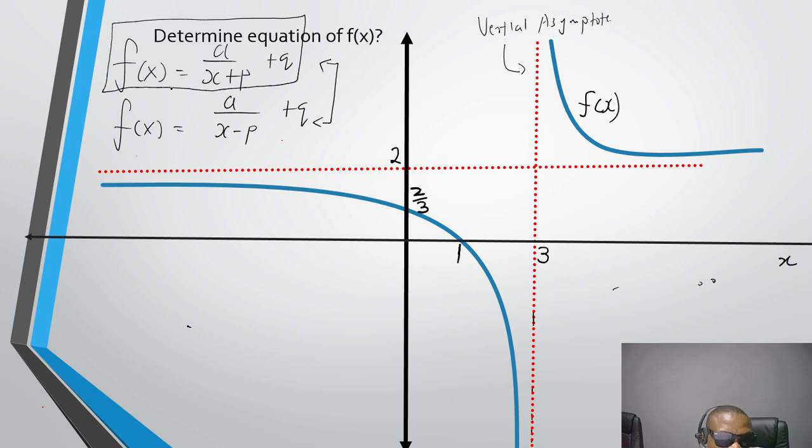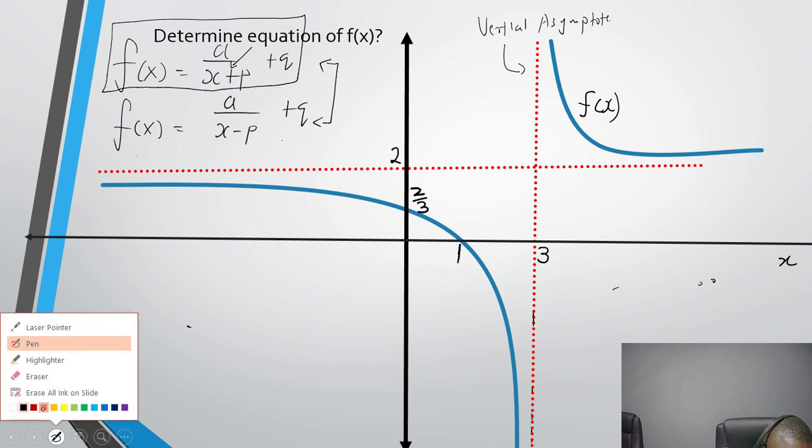But what you have to recall is that the value of p will pick a different sign of the x asymptote. So if the x asymptote is 3, the value of p is going to be negative 3, as long as the sign here is positive. Okay? So if they did not give you any of these two, use this one. Always go for this one.